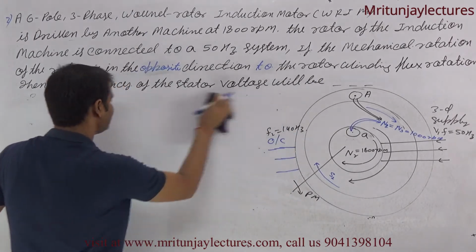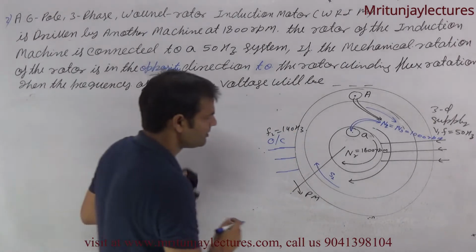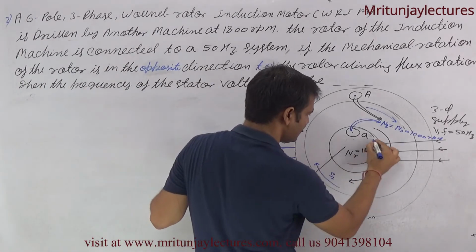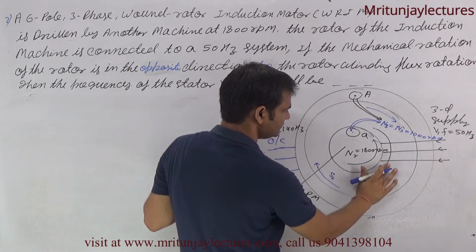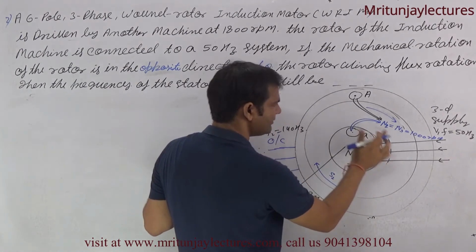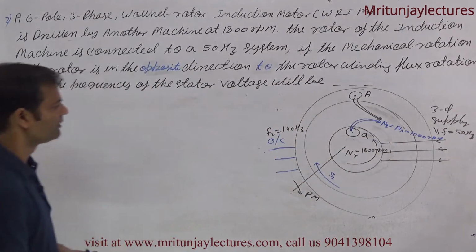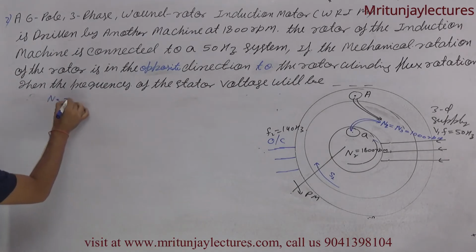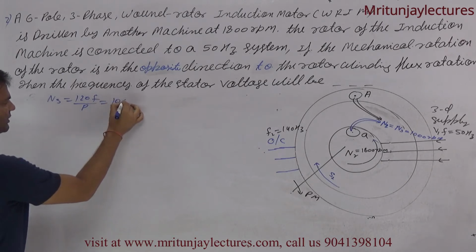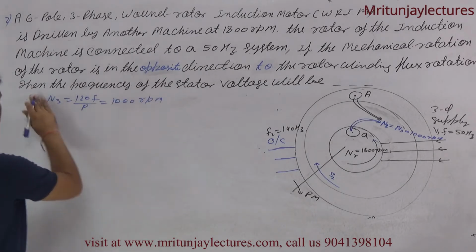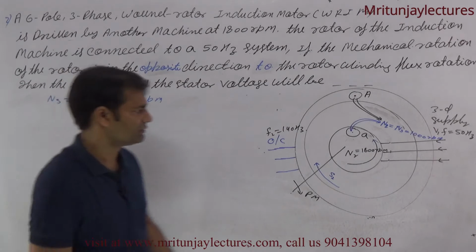First of all, what about n? Direction of nr is like this one. Clear? Now corresponding to this one, ns is the same, 120 f by p, that is 1000 rpm. Okay, 1000 rpm.